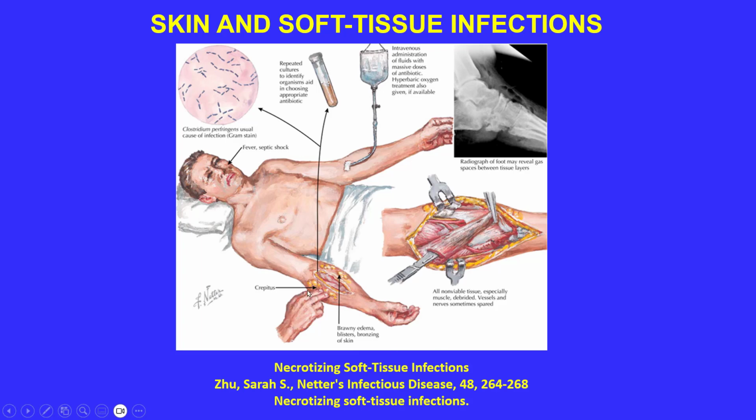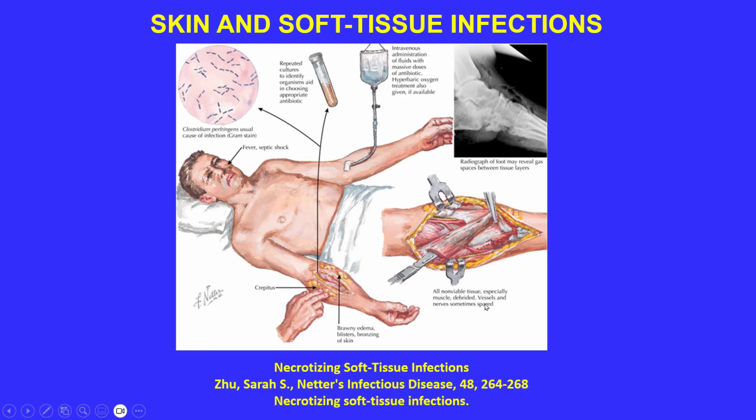Now, if you see in this crepitus, you have bony edema, blistering, bronzing of the skin, okay? And what they're going to do here is basically all non-viable skin, especially muscle, is debrided. So basically they're removing it, extracting it.